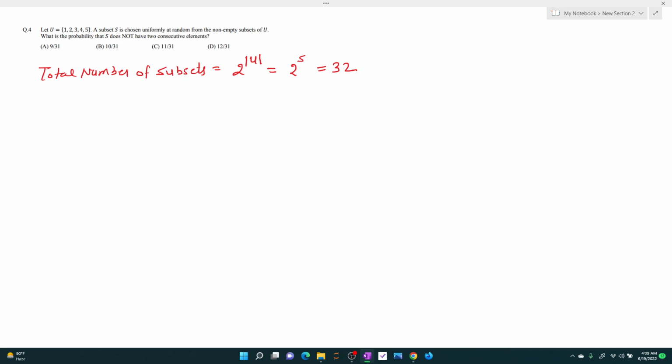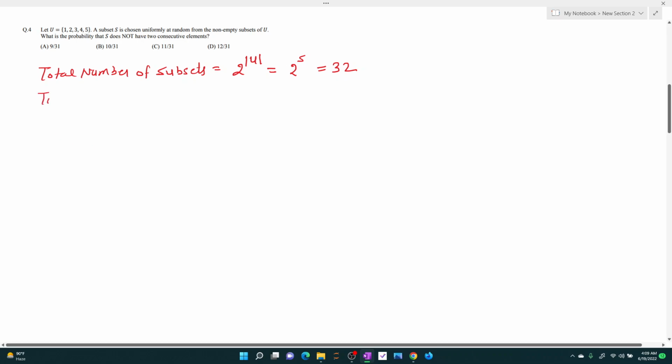So first of all, the total number of subsets of U, right? The formula is 2 power the cardinality of U. Here the cardinality of U is 5, there are 5 terms here. So the number of subsets is 2 power 5, which is coming out to be 32. But remember, the empty set is always considered to be a subset of U, right?